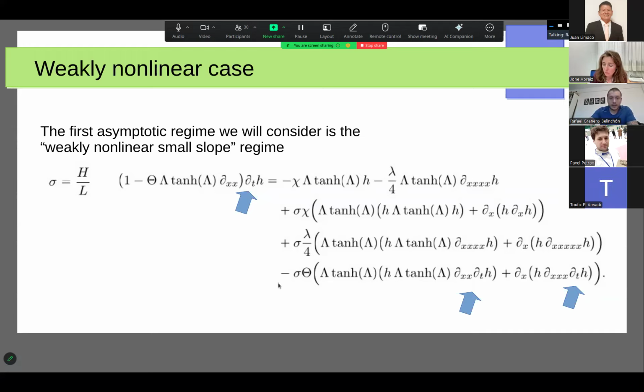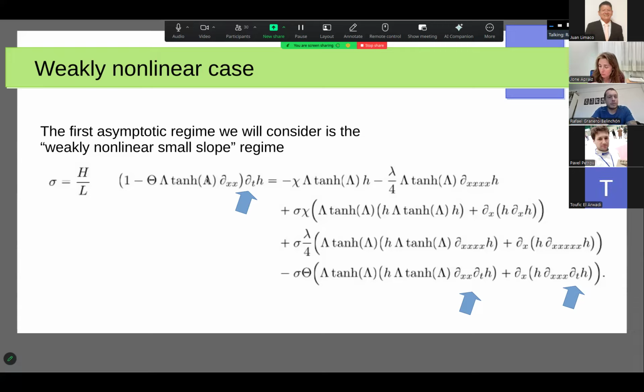If this last line wasn't here, then this guy is a spatial operator, an elliptic operator acting on the time derivative. It can be solved on the Fourier side. It's a third order operator. There are 2 derivatives here, but there is a lambda here. So basically this is like lambda cube.